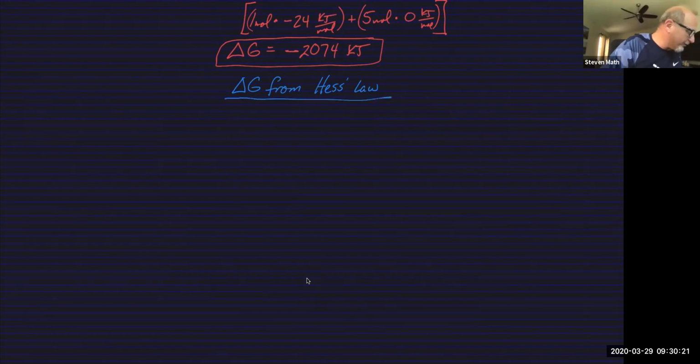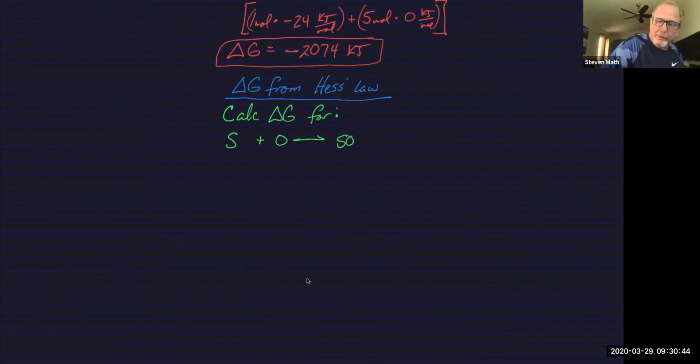So we're going to have to be given a fair amount of values. What the problem is going to read is calculate delta G for our target reaction, which is going to be very simple. We're going to take sulfur, add a little bit of oxygen, and that's going to make a little bit of sulfur dioxide, a little bit of SO2.